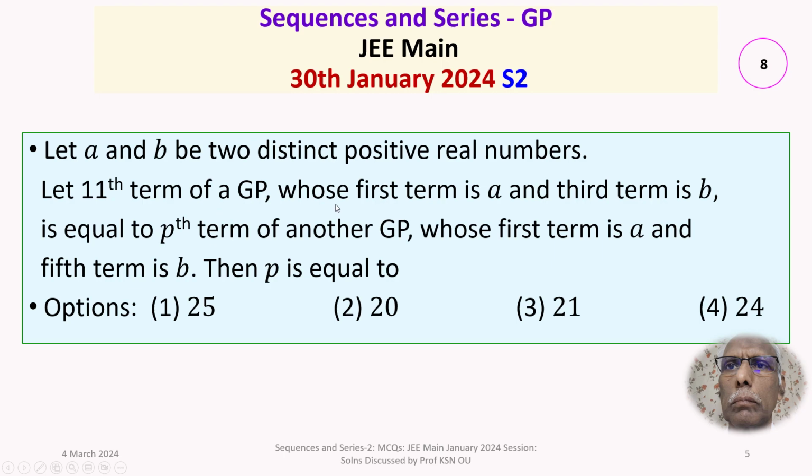For the first GP, the first term is A and the third term is B. For the second GP, the first term is A and the fifth term is B. And it is further given the 11th term of the first GP is equal to the pth term of the second GP. Then we are required to find the value of P.